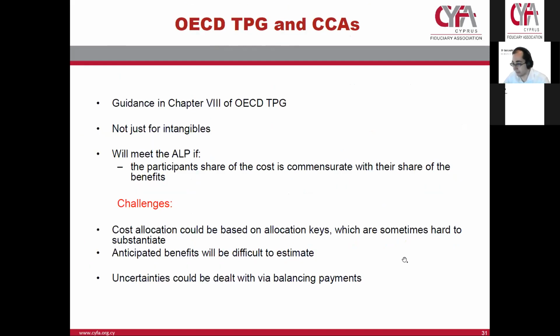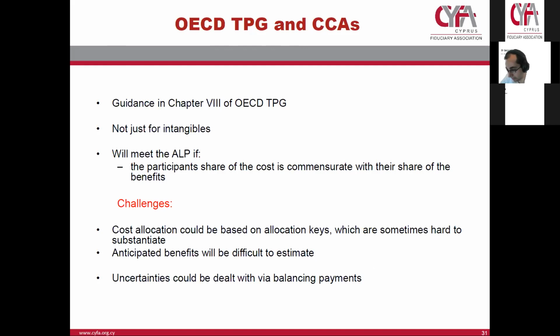The guidance is now in chapter 8 of the OECD guidelines, and it's broader than just for intangibles. So of course the CCA could be applicable to generating other assets, but it's most problematic around issues with intangibles.